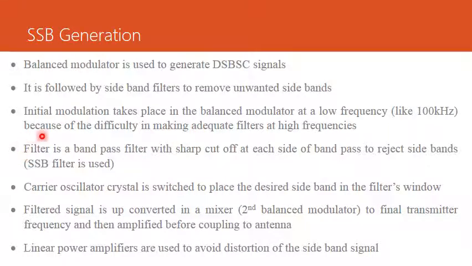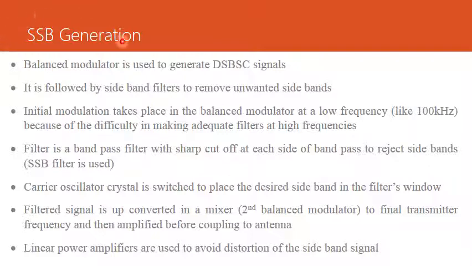Normally we choose a band pass filter with a sharp cutoff at each side of the filter. Then a carrier oscillator circuit is used in order to place the desired sideband in the filter window. Then the filtered signal is up converted in a mixer to the final transmitter frequency and amplified before coupling to the antenna. Linear power amplifiers are used to avoid distortion of the sideband signal.